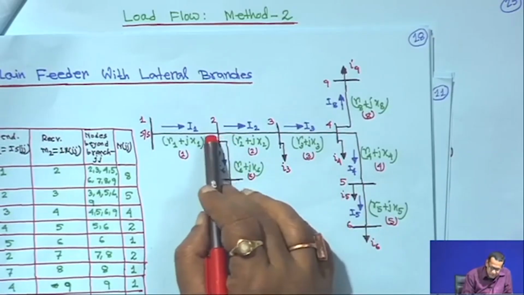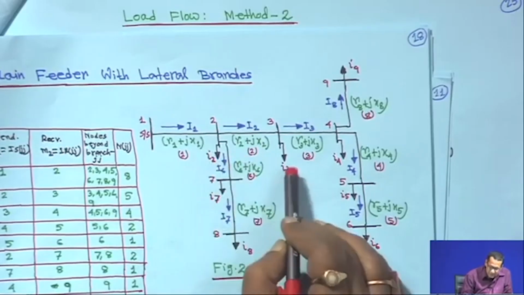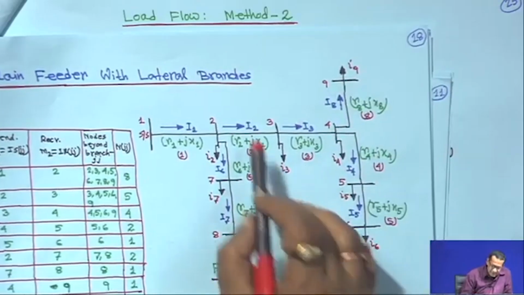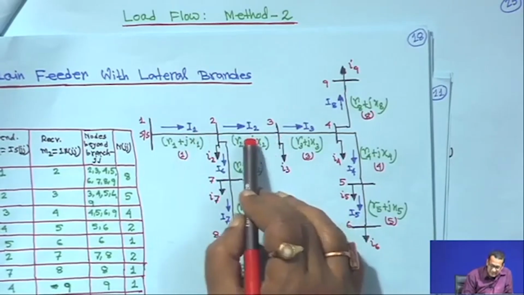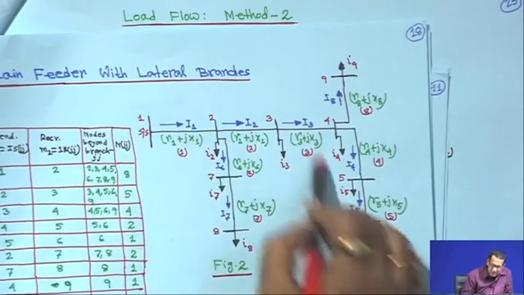So, whatever loads are there beyond this branch 1, that is PL2 plus PL3 plus whatever, you sum it up, plus the loss also you have to account for. Whatever branches are there beyond this branch, what will be the loss?